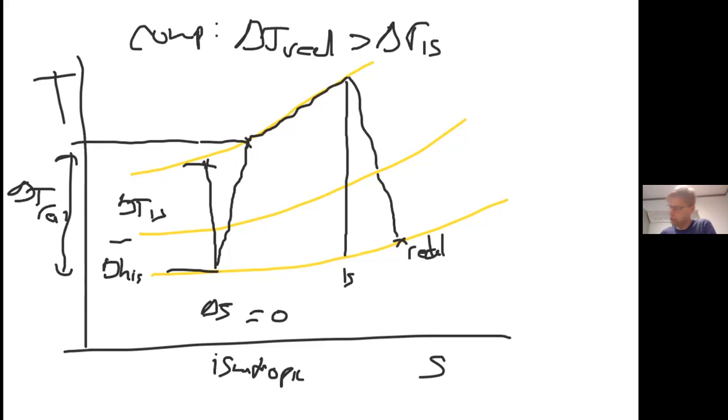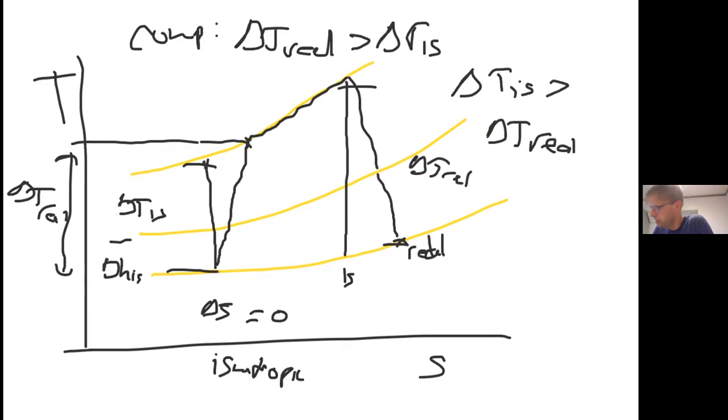But in the turbine, it's the other way around, because you get losses, so you can't get all the potential work out of the turbine. So delta T isentropic is larger than delta T real. And there you get this is the work, delta T real. This was delta T isentropic.